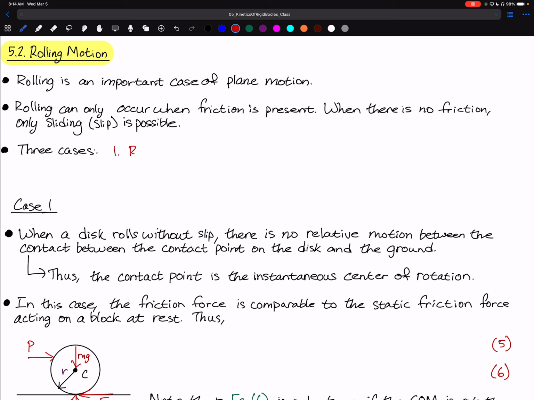First is just rolling, no sliding. This is often called rolling without slip or with no slip. The second then is rolling with sliding impending.